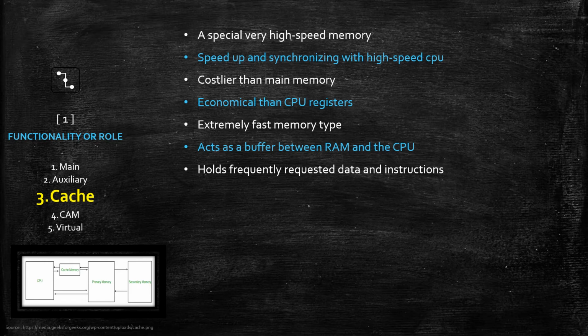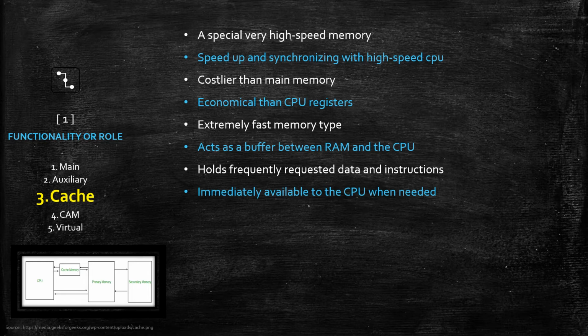It is not the case that all the data will be dumped into the cache. Only the data which is frequently used by the processor is dumped into the cache. One more thing: it is immediately available to the CPU when needed. What is the meaning of that?